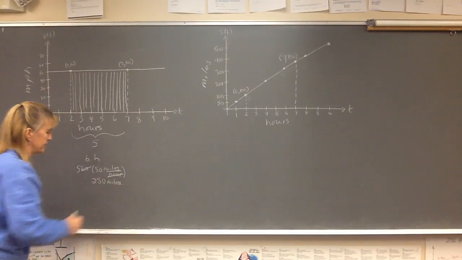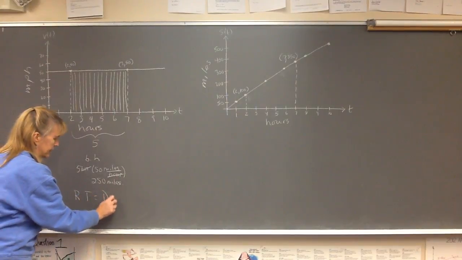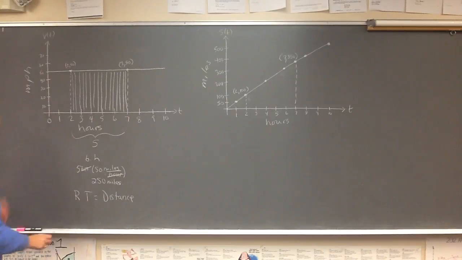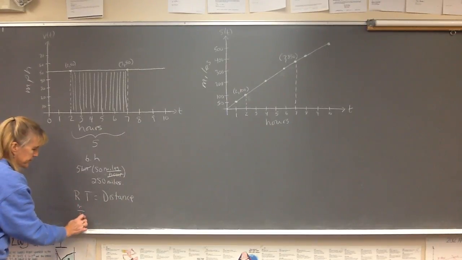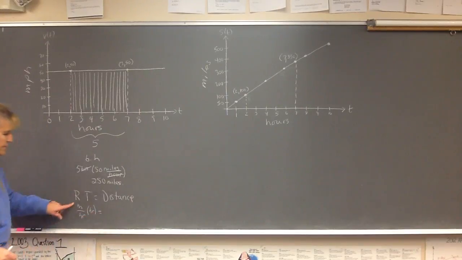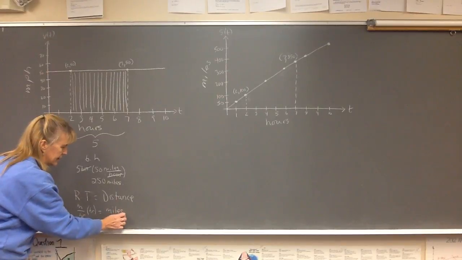That should make really good sense to you because we know that rate times time equals distance. The rate we're dealing with in this case is miles per hour. The time is hours. Multiply miles per hour times hours, and we end up with miles.